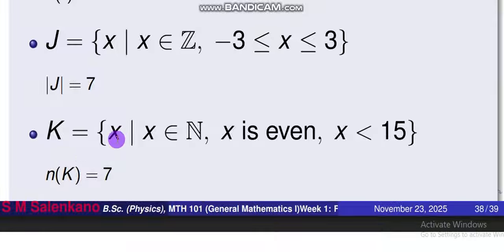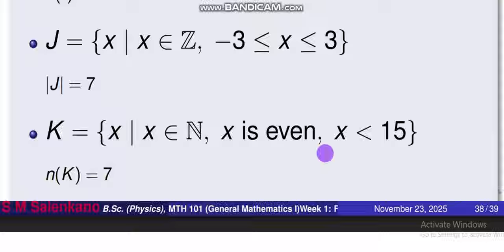K is a set of x such that x belongs to the natural numbers. That is the first condition. The second condition is that x is an even number. Okay, it's a counting number, it is even, and it is less than 15. So let's start counting: 2, 4, 6, 8, 10, 12, 14.